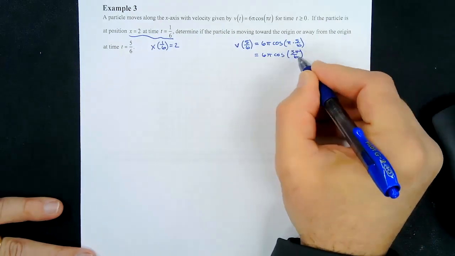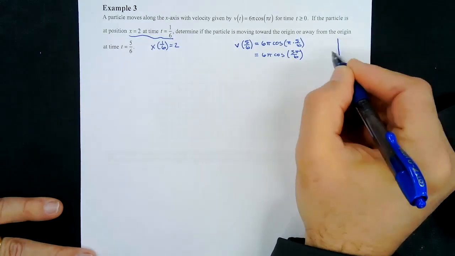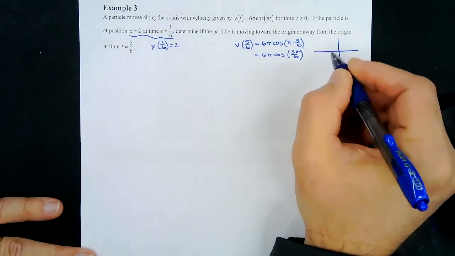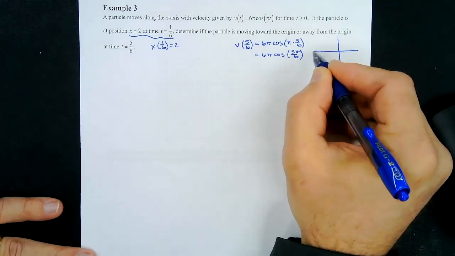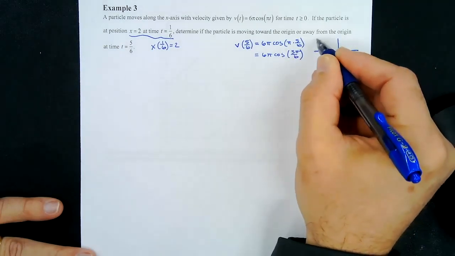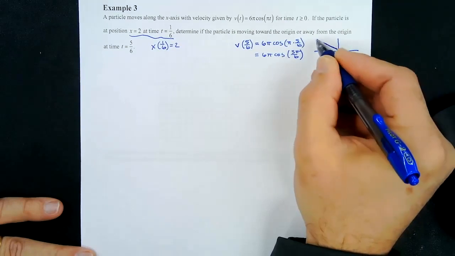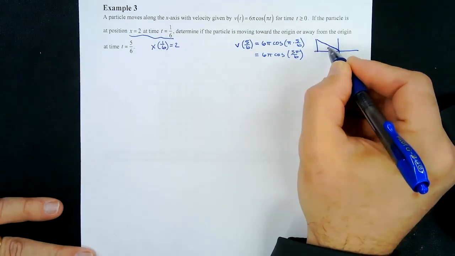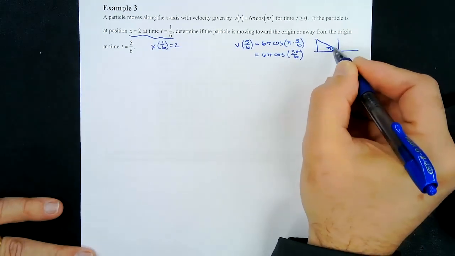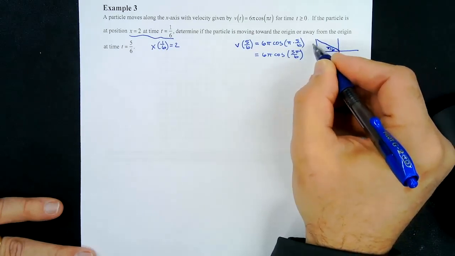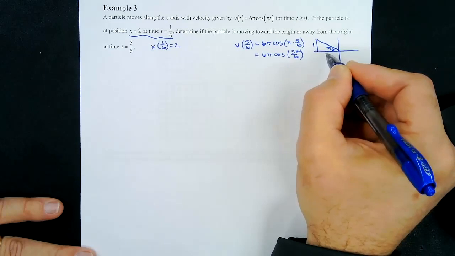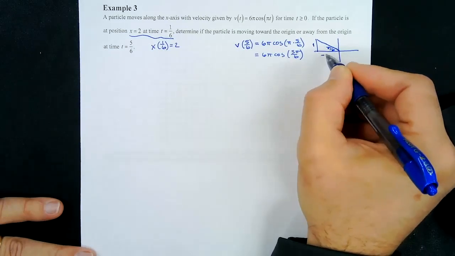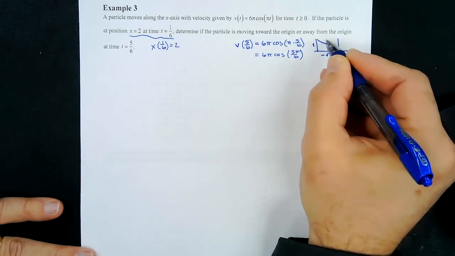To evaluate cosine of 5 pi over 6, you can draw a diagram. I know that 6 pi over 6 is the negative x-axis over here, and I have one less. So I'm up here in the second quadrant, and my reference angle is pi over 6. Opposite pi over 6 is going to be 1. The other leg is going to be square root of 3, but because we're moving to the left, it's going to be negative square root of 3, and the hypotenuse is 2.